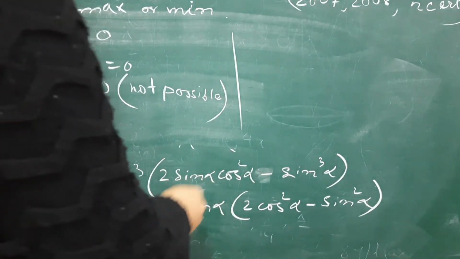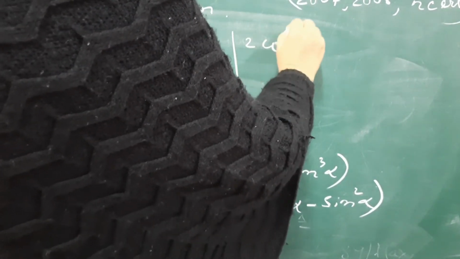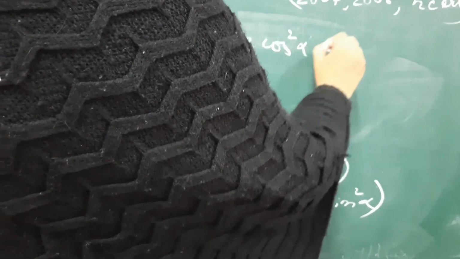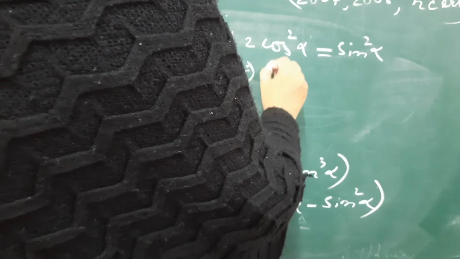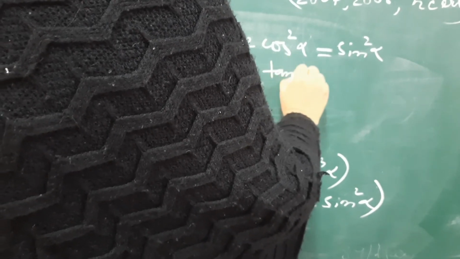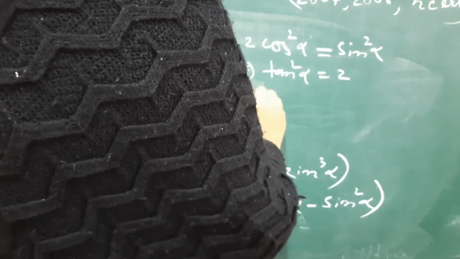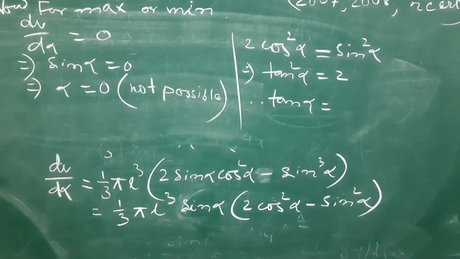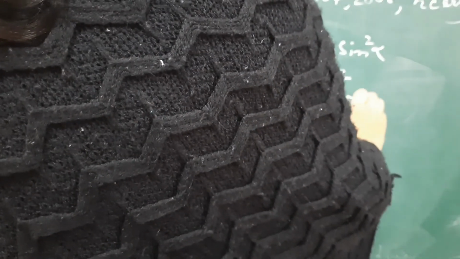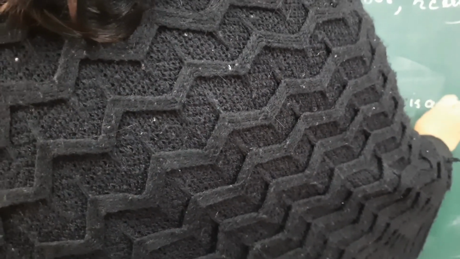And second part is 2 cos square alpha minus sin square alpha is equal to 0. So tan square alpha is equal to 2 and tan alpha is equal to plus minus root 2, but only root 2 we will write, because minus we will not write, because alpha is acute angle.